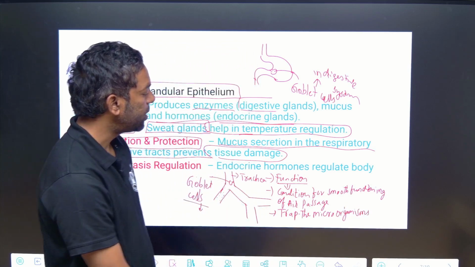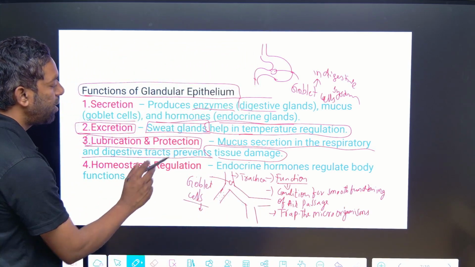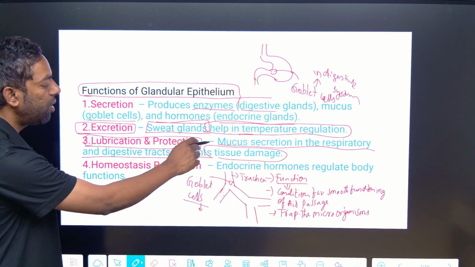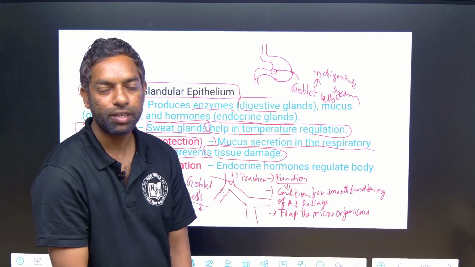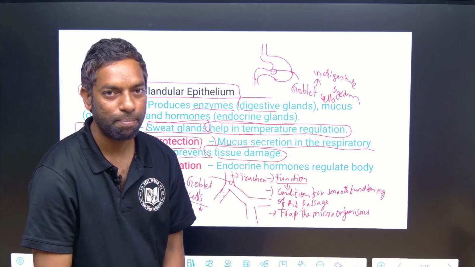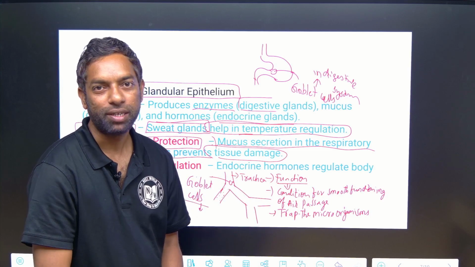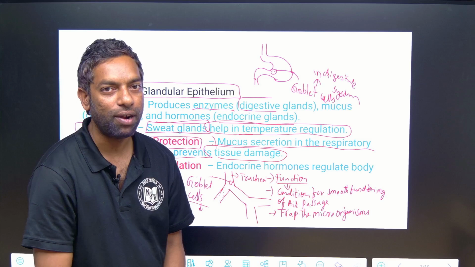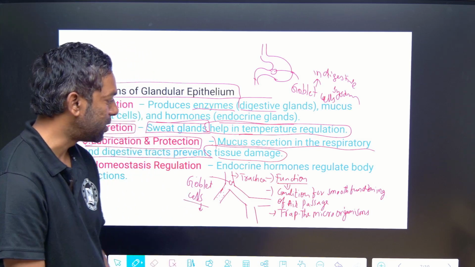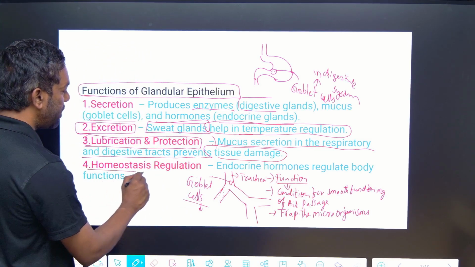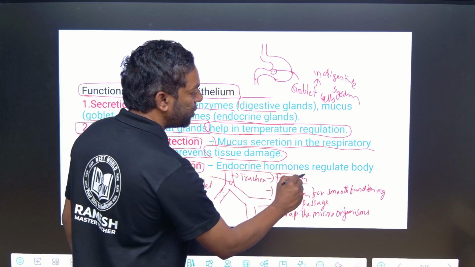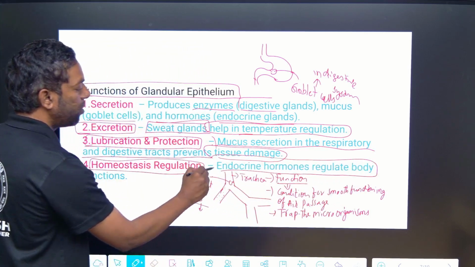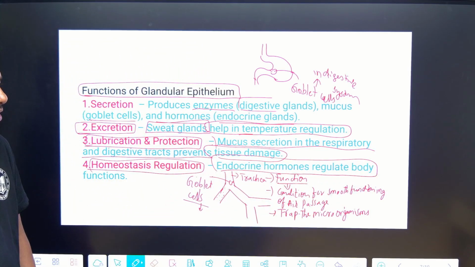They protect from damage from air which forcefully enters the trachea. There are cells in the trachea that turn into glandular epithelium. Homeostasis and regulation: endocrine hormones are involved in regulating the body's homeostasis.